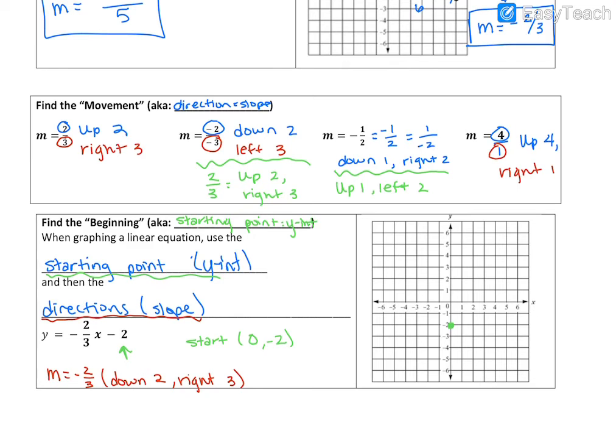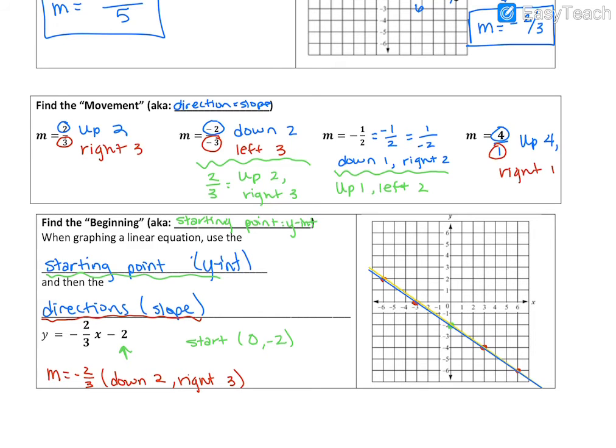Then when you use the directions, you're going down 2, right 3, down 2, right 3. Then when we run out of space in that direction, we're going to go in the opposite direction. So up 2, left 3, up 2, left 3. And then what we can do is we connect all the points with a line.